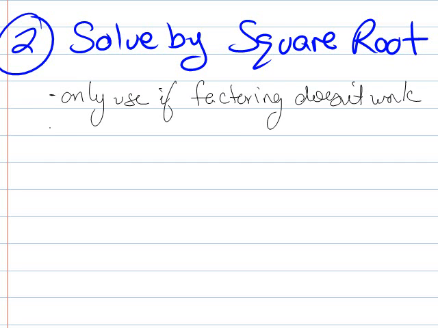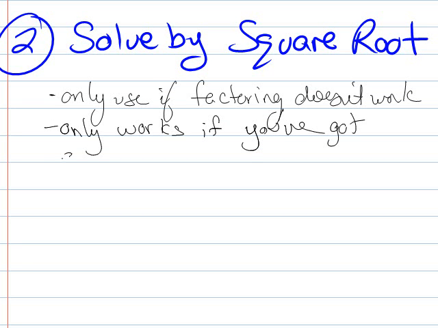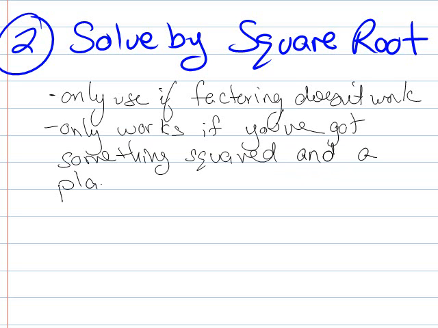And it also only works if you've got something squared, so just something or other, whatever it is, something squared, plus, or not plus, doesn't matter, but something squared and a plain old number.